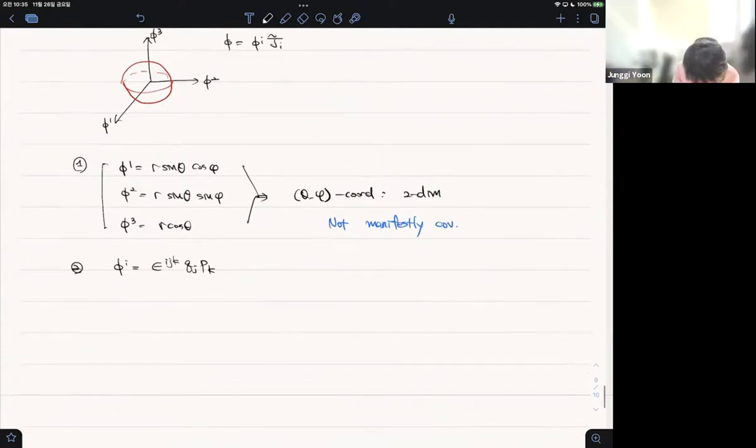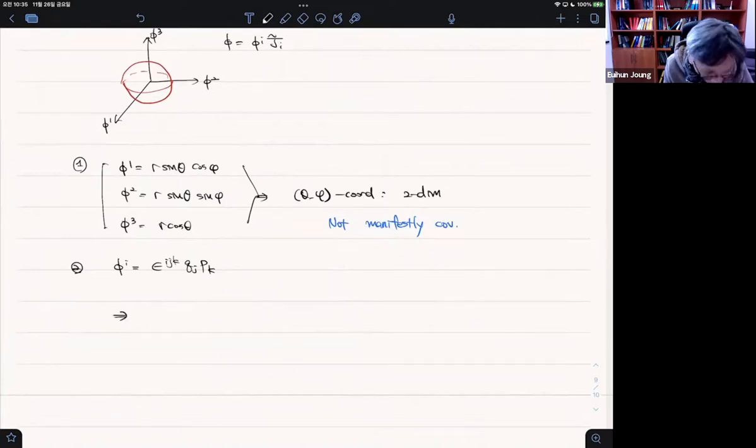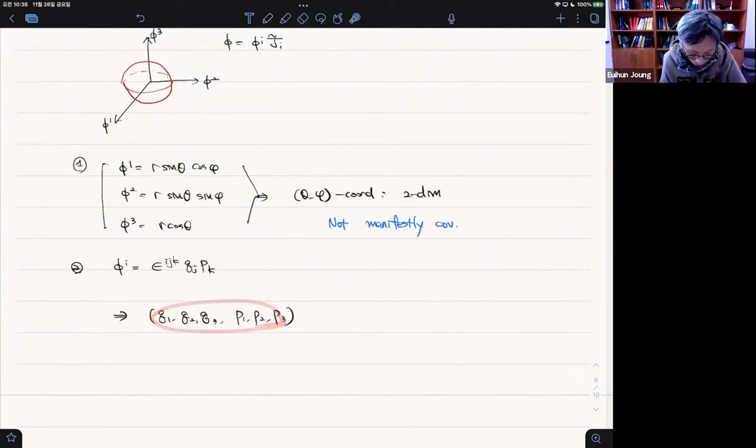But in this way, how many coordinates? Q1, 2, 3, P1, P2, P3. We know that this is very covariant because Q is a 3-vector and P is a 3-vector.